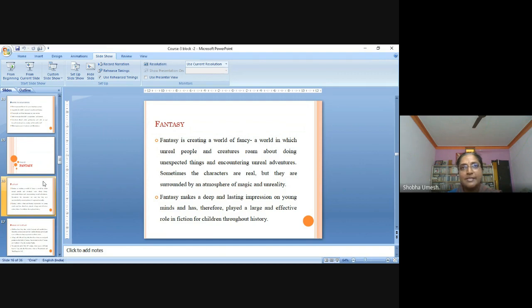Just think about Disneyland in America. It is a man-made creation which has become real. And some of the stories, like He-Man and Spider-Man, are considered fantasy.